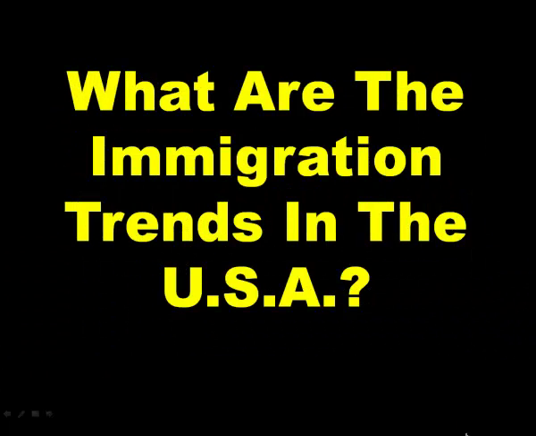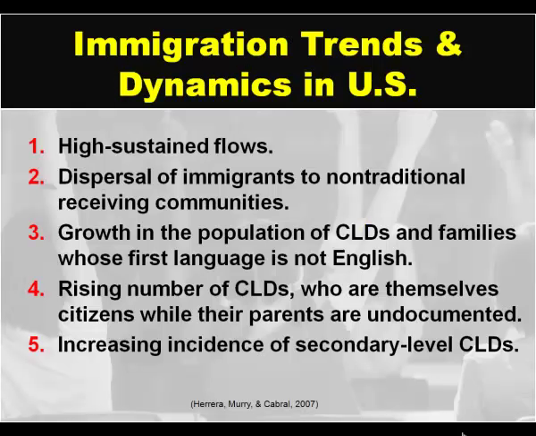What are the immigration trends in the USA? There are 5 main immigration trends and dynamics in the U.S. 1. High sustained flows. 2. Dispersal of immigrants to non-traditional receiving communities. 3.